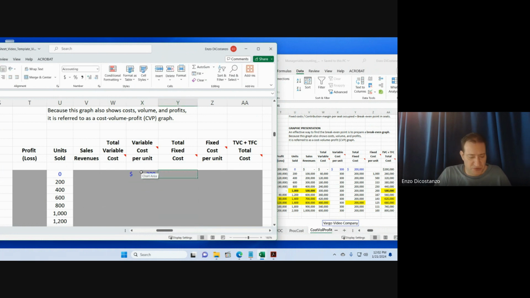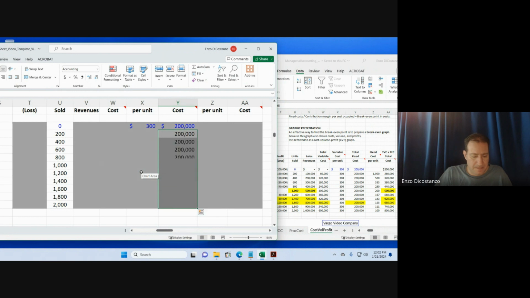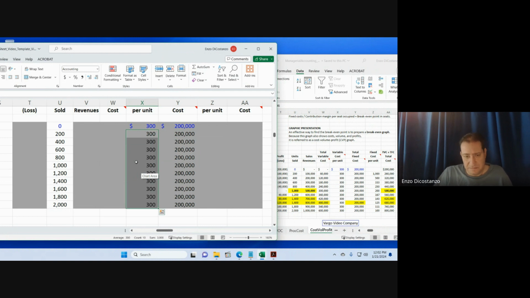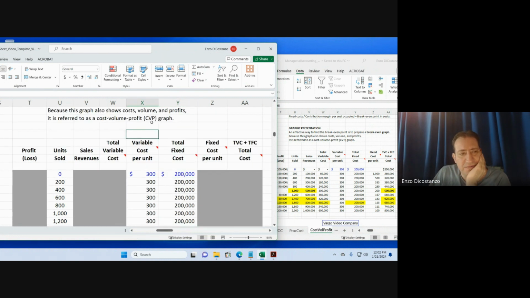Fixed cost is 200,000 from previous, and we're just going to equal that 200,000 the whole way.